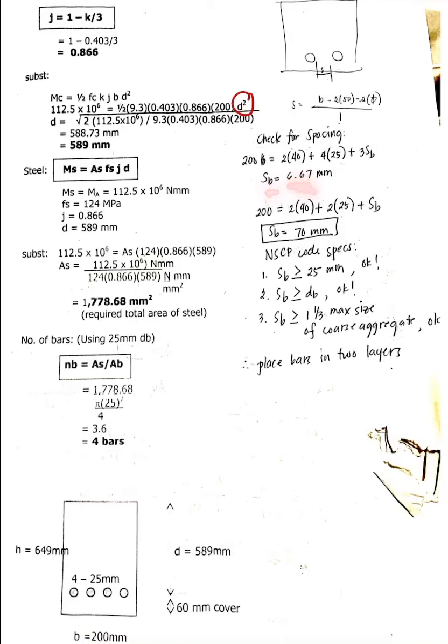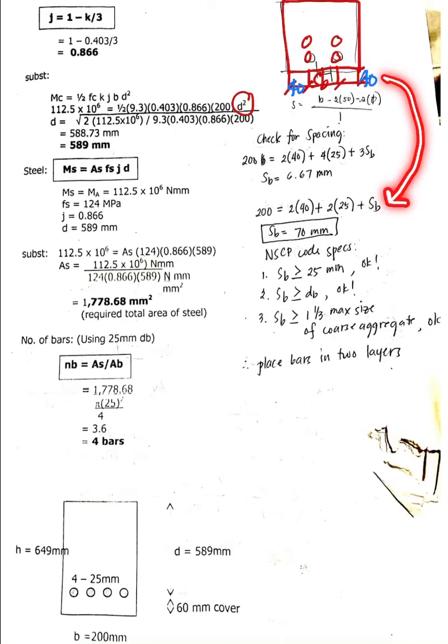That is less than 25. So therefore, you have to rearrange your rebars. It is 2 bars per layer. So you have to rearrange. This is Sb, then 40 and 40.